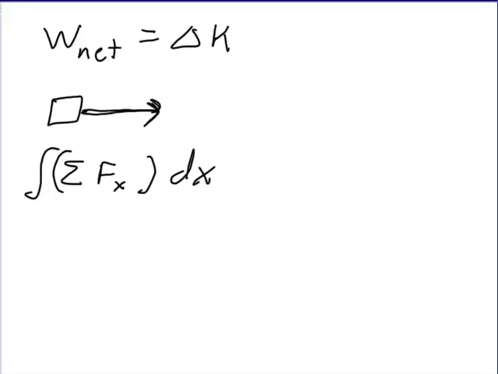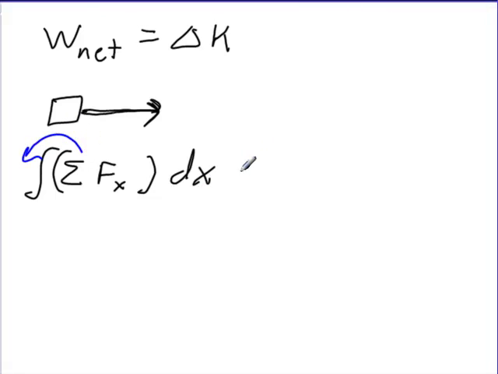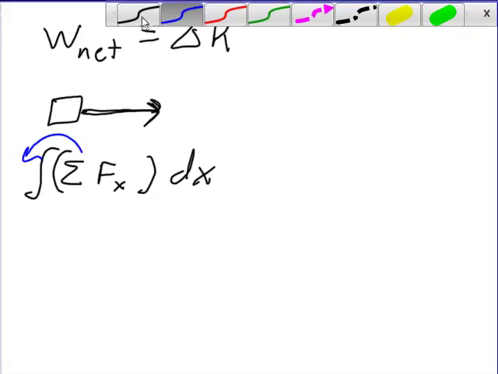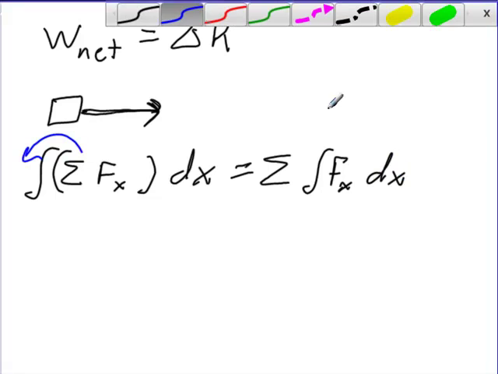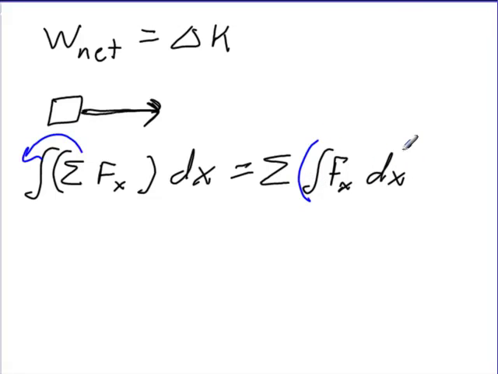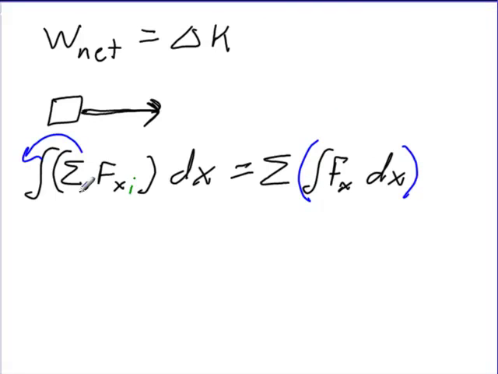I could pop that right out the front and say that this is the sum of the integral of individual Fx's dx. Maybe we can make that a little more explicit by putting in an i there, an i there.